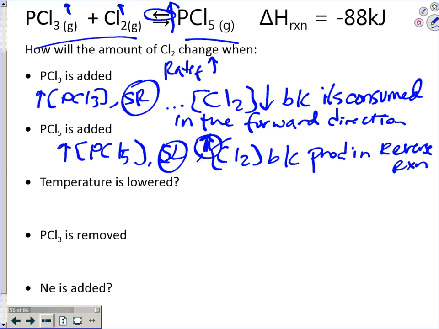Okay. So decreasing temperature. Like we said earlier, increasing temperature favors the endothermic reaction, because increasing temperature means I have too much energy in the entire system. I need to find a way to consume it. The only way we're going to consume energy is if we shift in the endothermic direction. So how would you state this one?